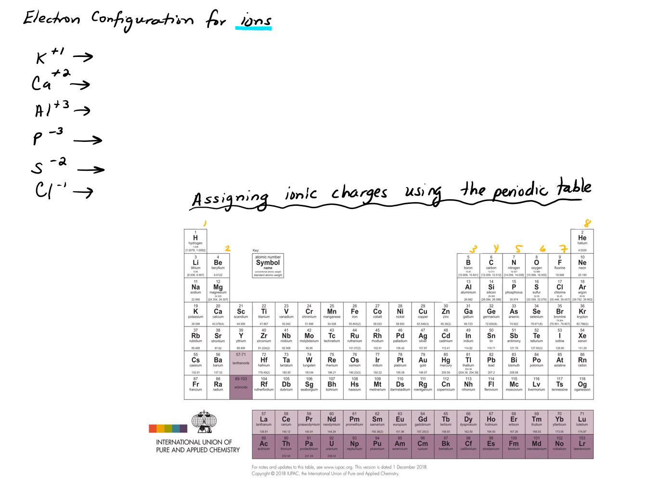So potassium +1 is the ion formed when the neutral element loses 1 electron. Instead of 19, it will have 18 electrons. So you're writing the electron configuration for 18 electrons instead of 19.